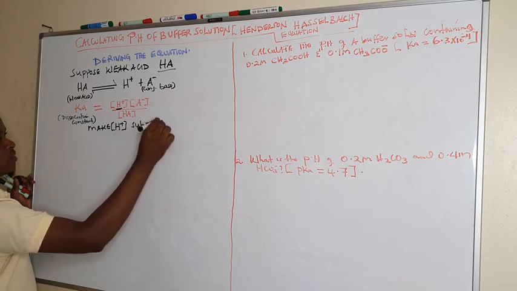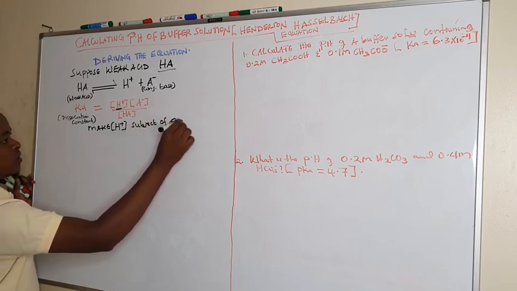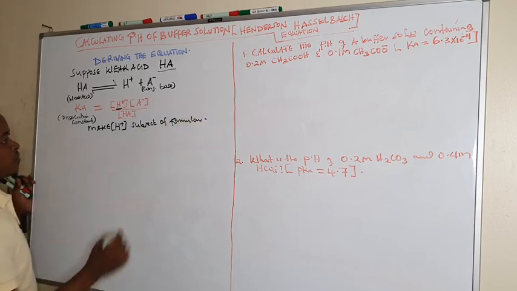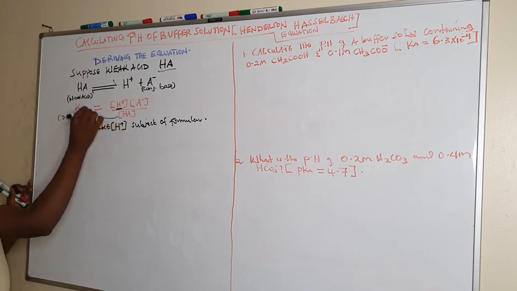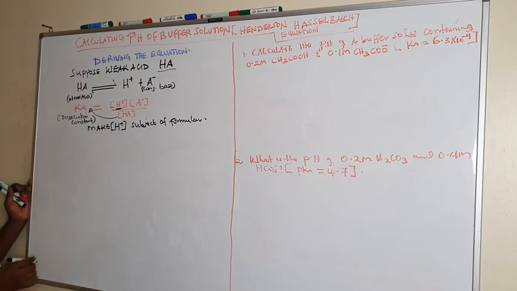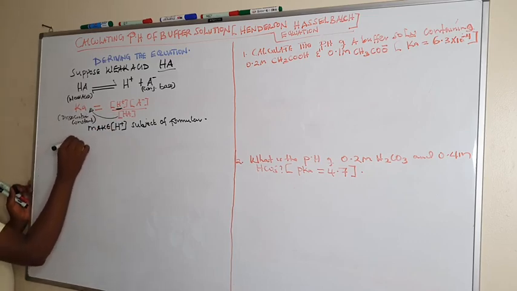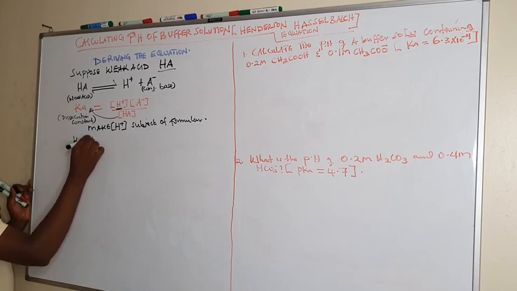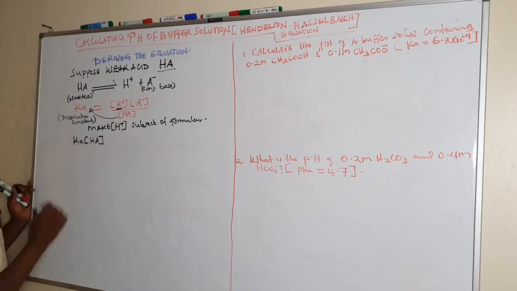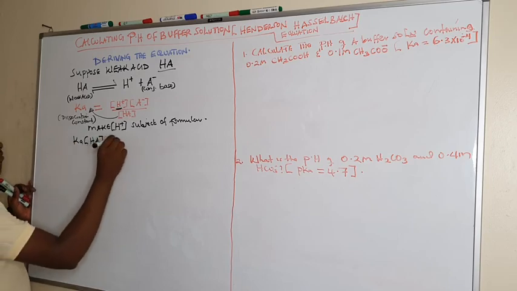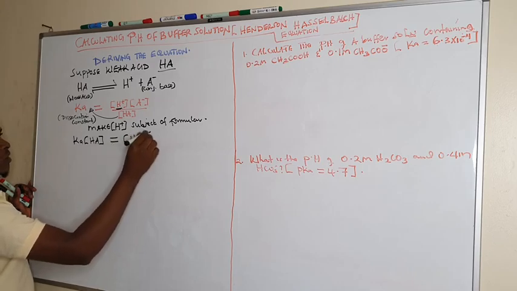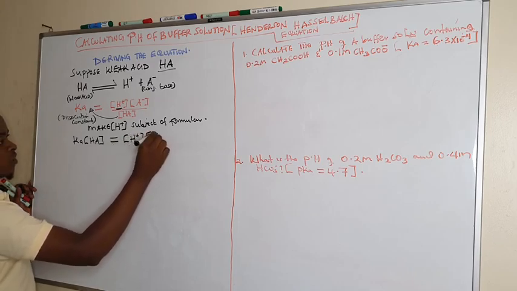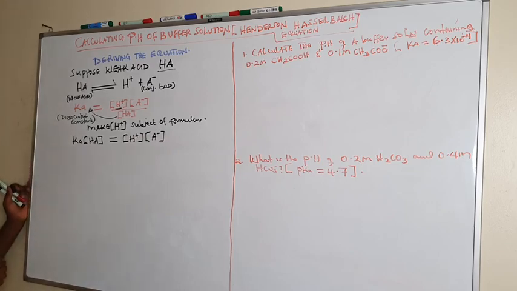We first bring the weak acid to this side, and we shall get Ka times the concentration of the weak acid equaling the concentration of the hydrogen ions multiplied by the concentration of the conjugate base.